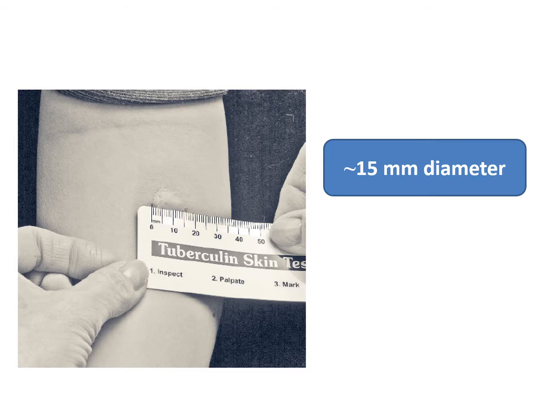This is how we measure the induration by this ruler. This is about 15 mm diameter as indicated by the ruler.